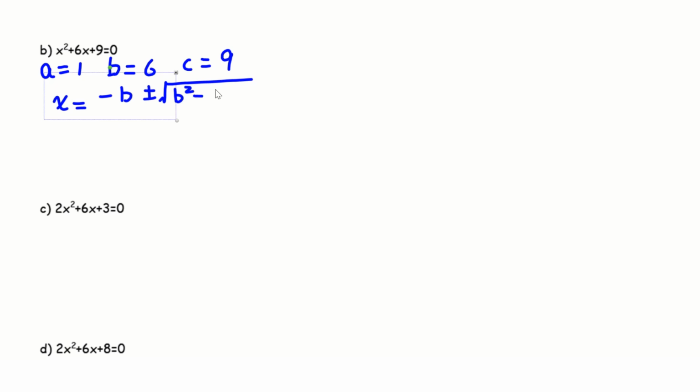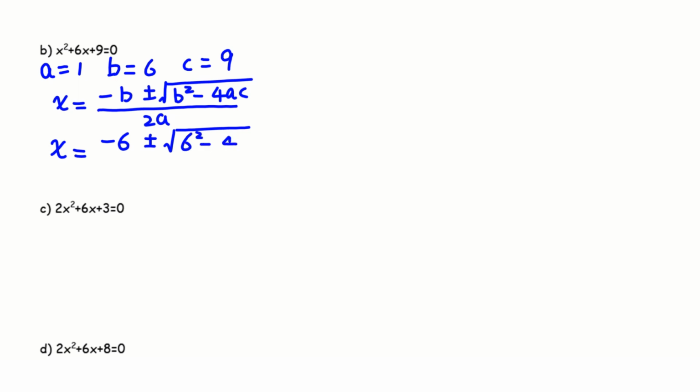By writing it out, you will be able to memorize it quickly. Okay, so we start: b is negative 6, so square root 6 squared minus 4 times 1 times 9, then divide by 2 times 1.